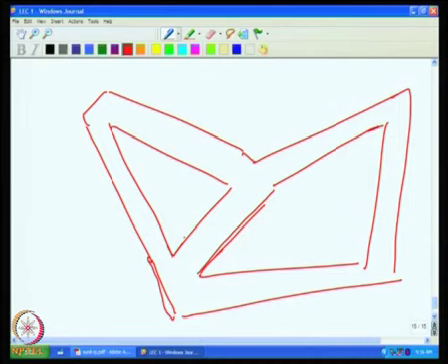Here we have to place some sentries such that, if a guard sits here, he can see this corridor and make sure that people are not stealing things from the art gallery.